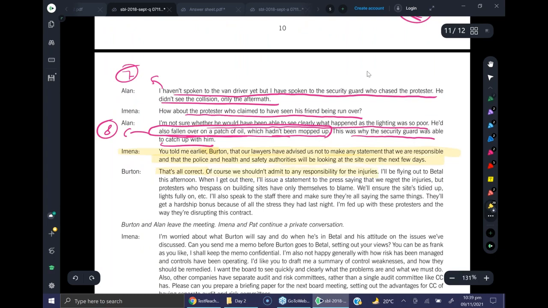I'll be flying out to Beetle this afternoon. When I get out there, I will issue a statement to the press saying that we regret the injuries, but protesters who trespass on building sites only have themselves to blame. We'll ensure the site is tidied up, lights fully on, etc. I will also speak to the staff there and make sure that they are all saying the same things. They'll get a hardship bonus because of all the stress they faced last night. I'm fed up with these protesters and the way they are disrupting this contract.